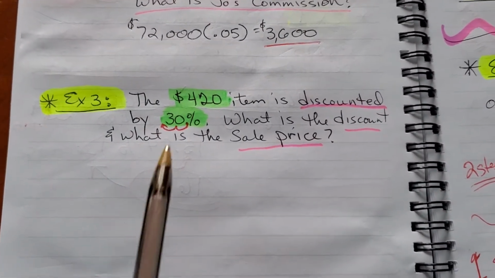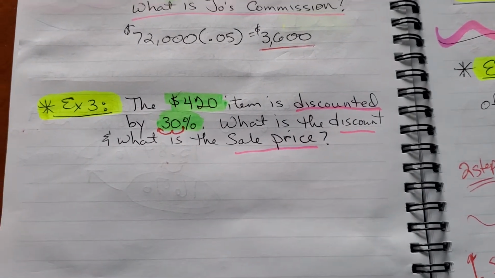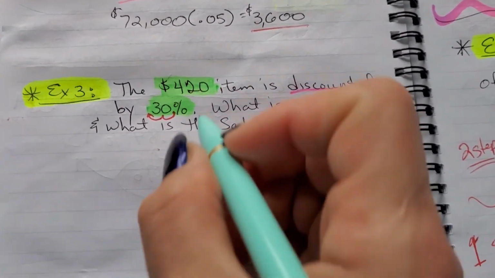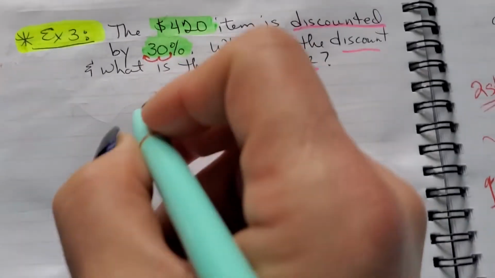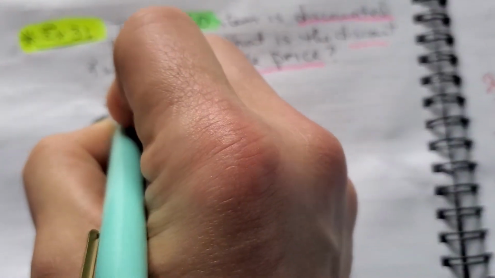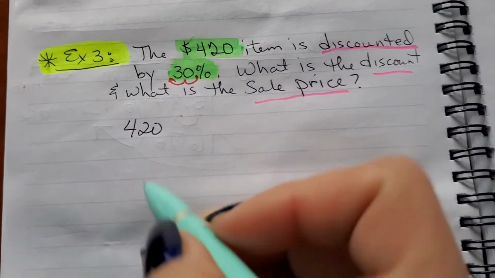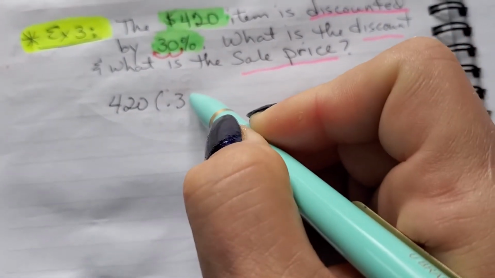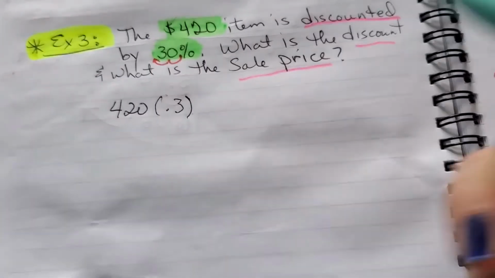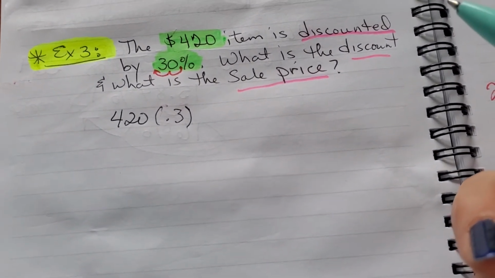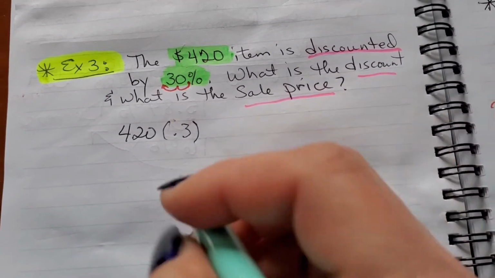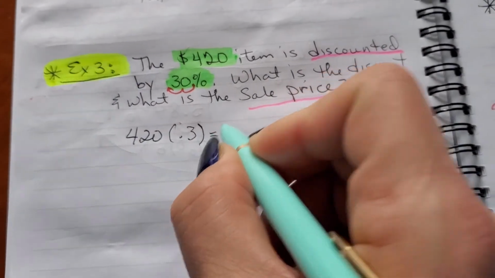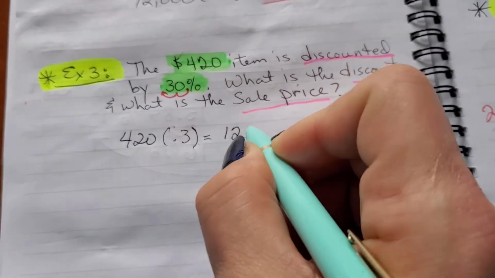So we are being discounted 30%, which is actually 0.3. Okay, so if we take our original cost, $420, and we multiply that by the discount, which is 0.30 or 0.3, and we put that in our calculator, we will find that that equals $126.